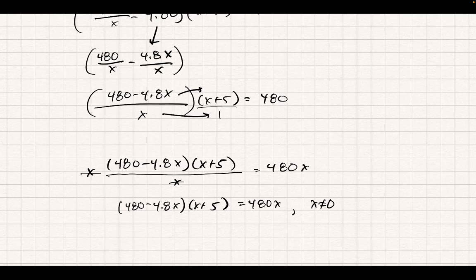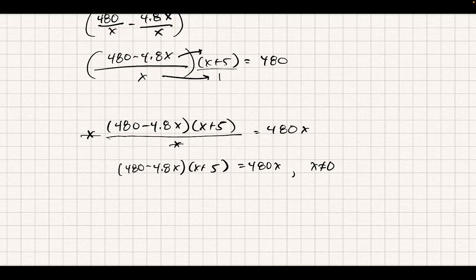What do I get? 480x plus 480 times 5, which is 2400, minus 4.8x squared.